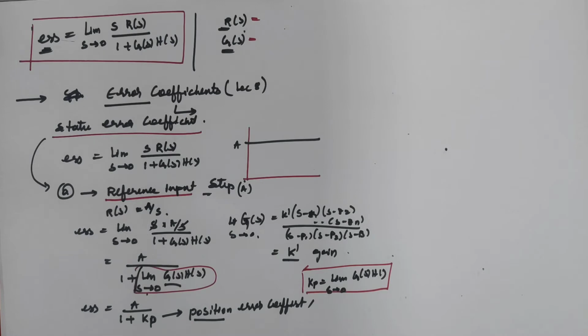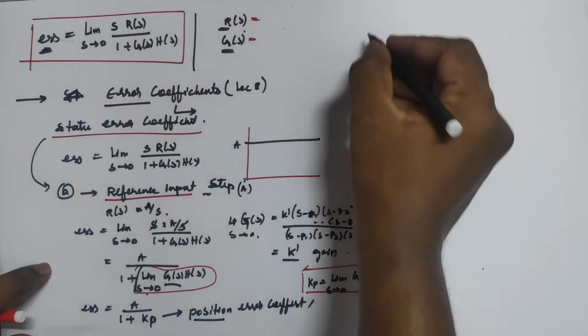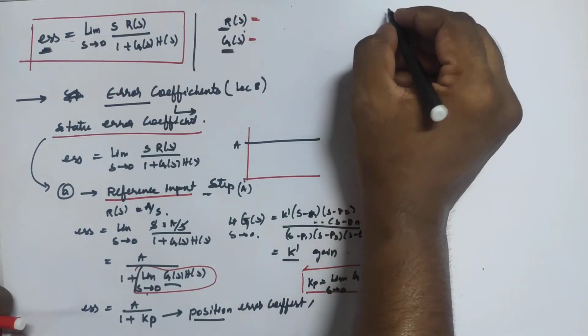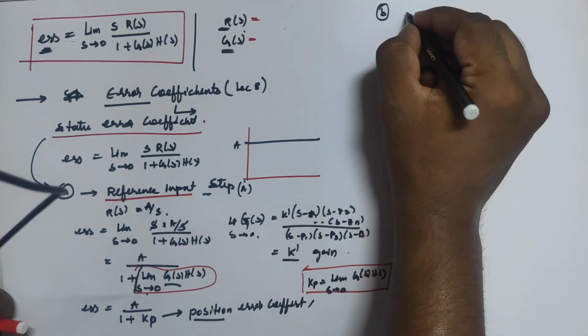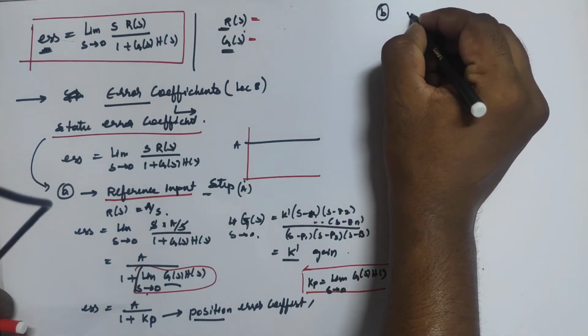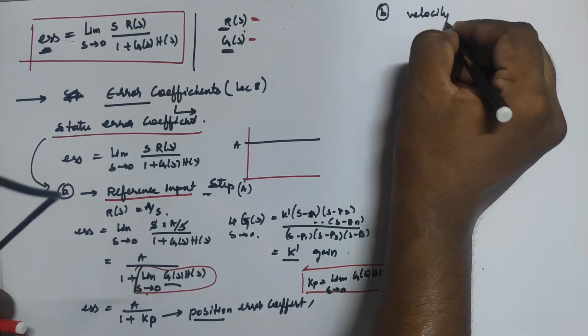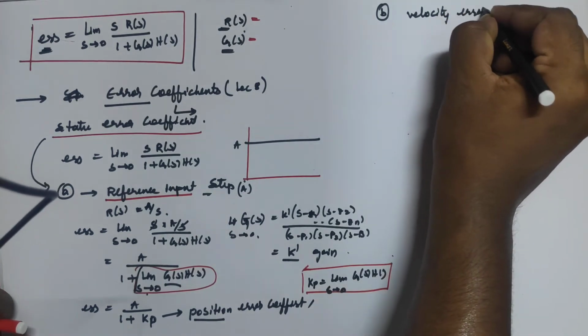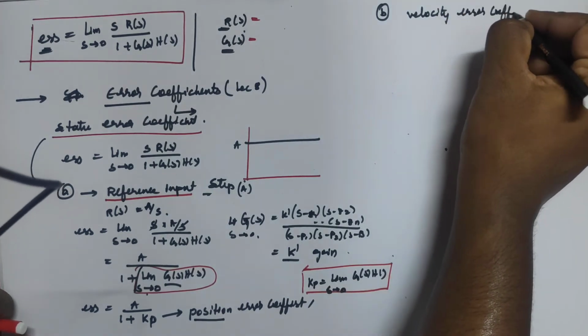Now moving to another coefficient, the second one, the velocity error coefficient, let us say Kv.